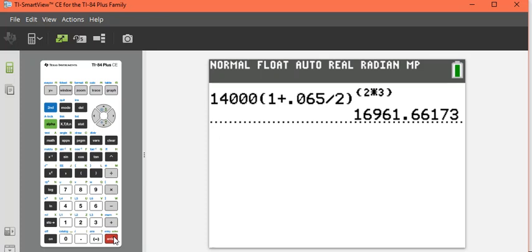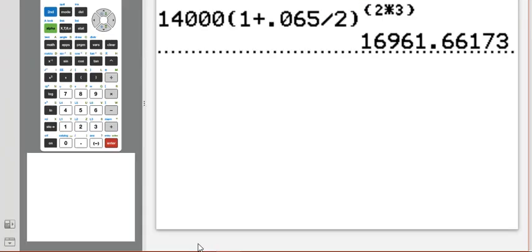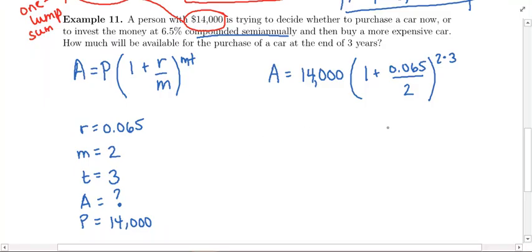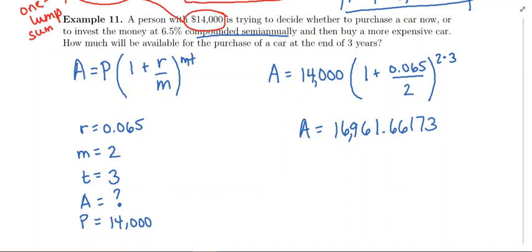This is going to be dollars and cents, so you need to round it to the nearest cent. Let's write this down. Our A value is this, what came out of the calculator. Let's round. We have 66 cents, and the number that comes after is a 1, so we stay the same.